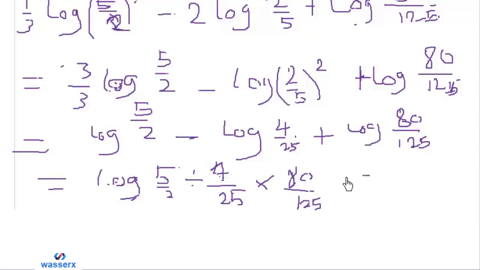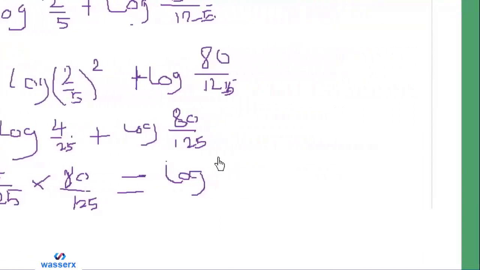So now this will be equal to log 5 over 2 times 25 over 4, then times 80 over 125.